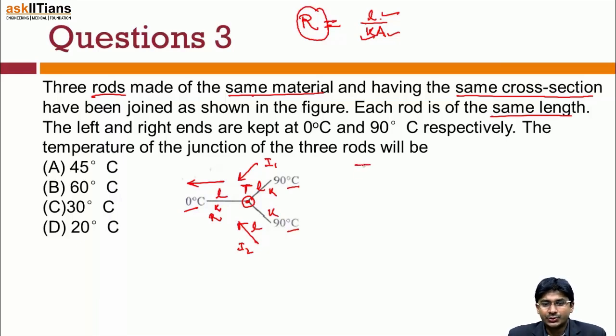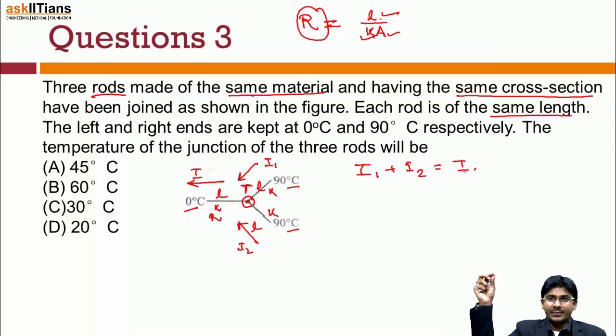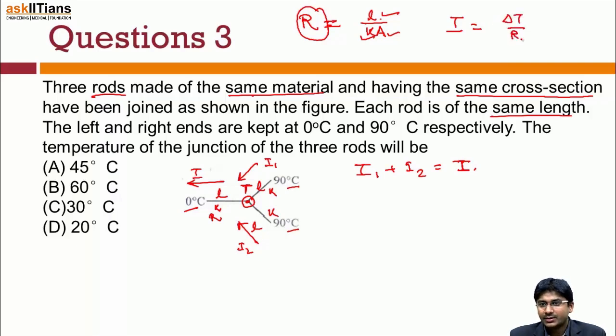So I1 plus I2 equals I, because whatever current comes to a place, the sum must be equal to the current going out of that place. That's the junction rule. And the current I is delta T by R, where delta T is the temperature difference.